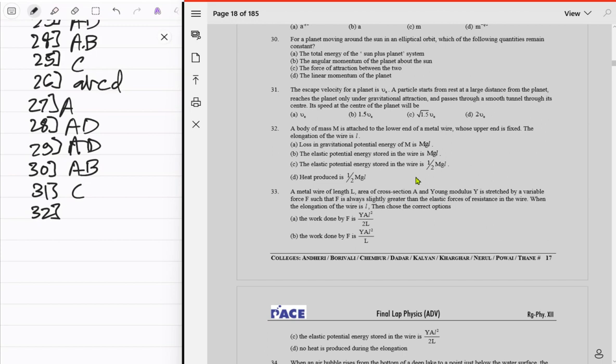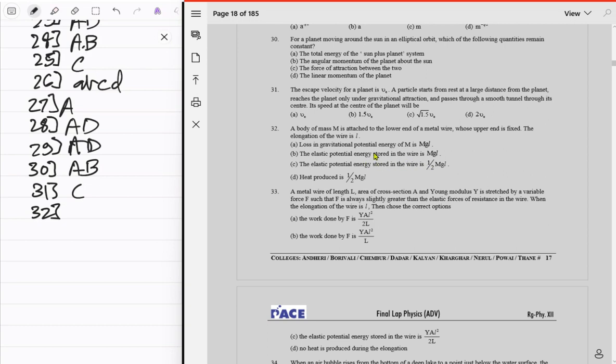It's half kx square. kx is just the force, so half mg times l. Okay, fine. Just half kl square चाहिए, and then kl is just mg, so half mgl. Elastic potential energy stored in the wire is this.